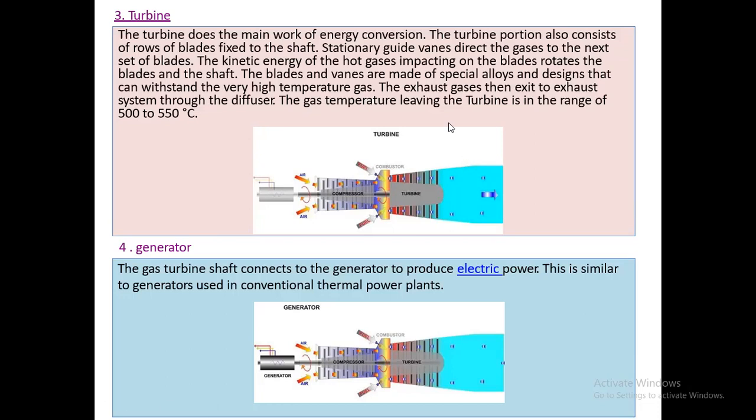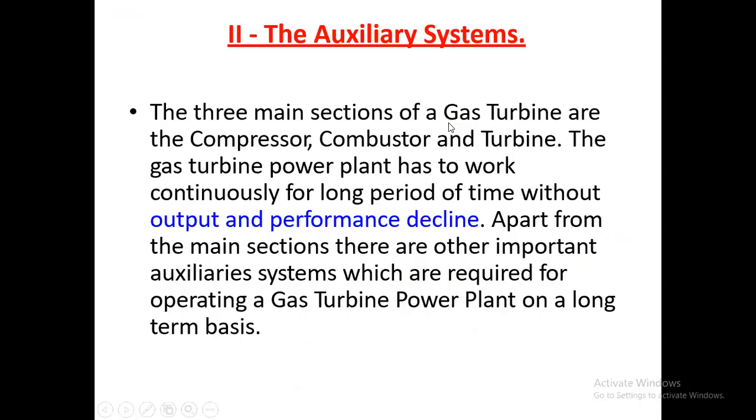Now moving toward the next slide, that is the auxiliary system. The three main sections of a gas turbine are the compressor, combustor, and turbine.